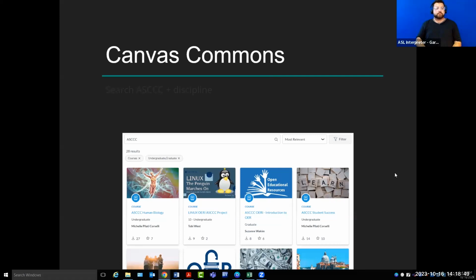Okay, and then the next one is Canvas Commons. And probably a lot of us know how to get to Canvas Commons. If not, this link should take you there. When you go into Canvas, you can find the Canvas Commons button on the far left-hand navigation menu.